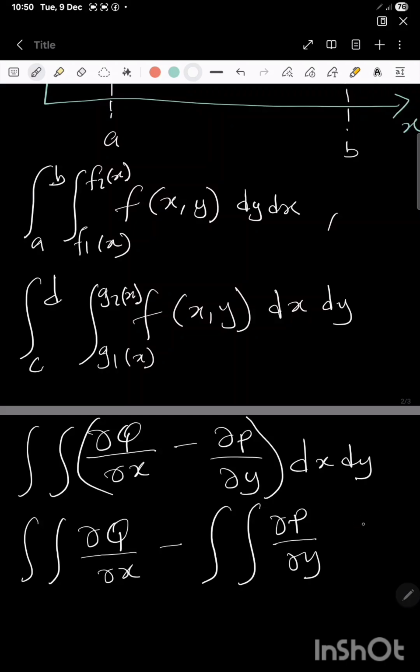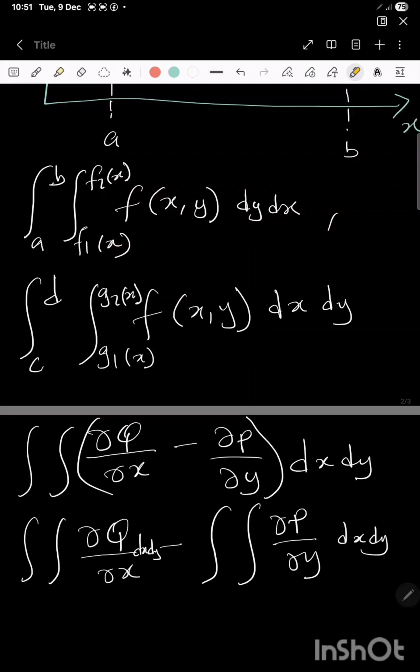So you can put the dx dy here, and you also put the dx dy here. Why have I distributed to this one and this one? It's because this dx dy is outside, meaning that it is affecting both the function of Q and the function of P.